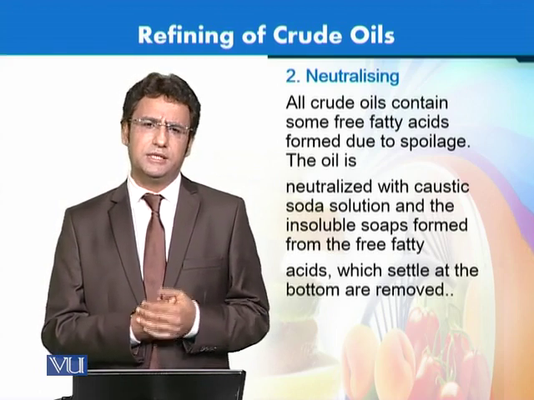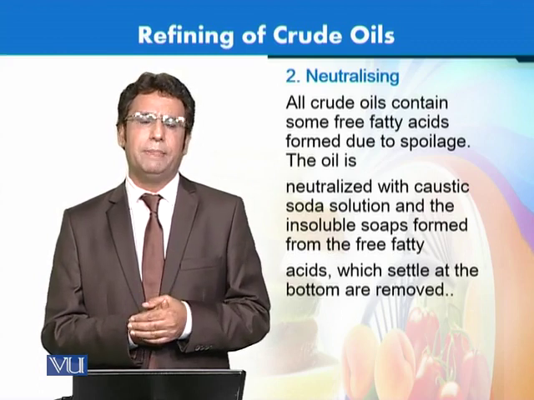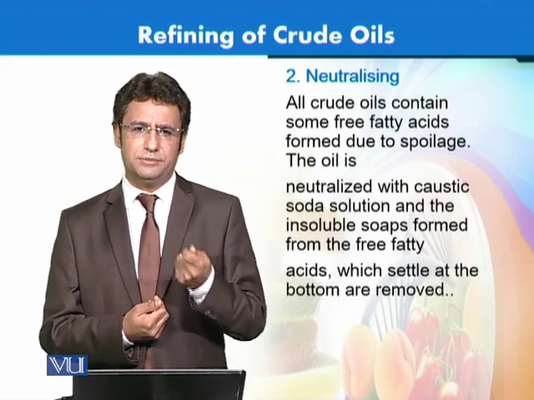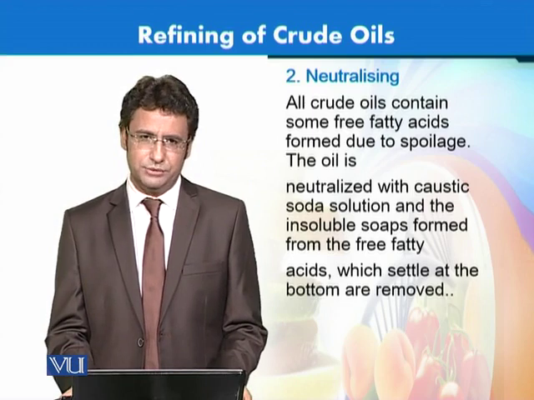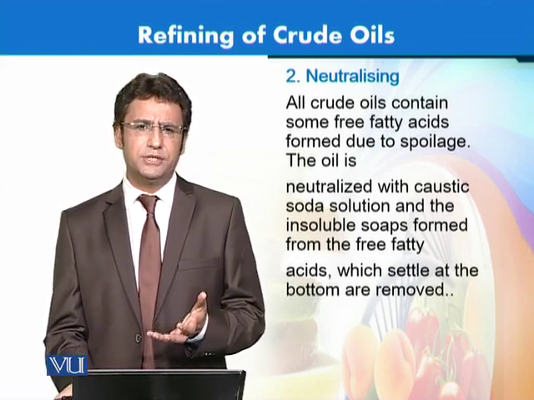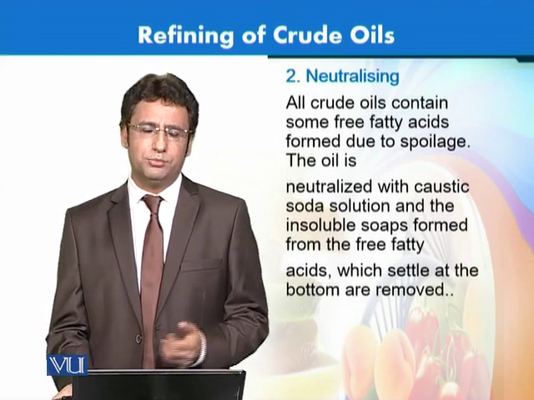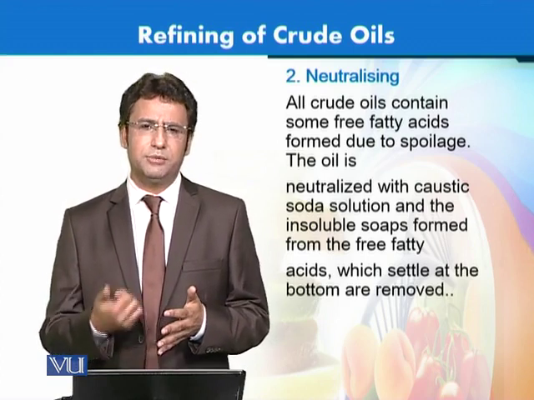So this acidity has to be removed, and what we do here is add caustic elements into the oil, so that sodium hydroxide or caustic solution reacts with these fatty acids and neutralizes them, and the end product that is made here is called soap. So in this neutralizing process there is an end product called soap.